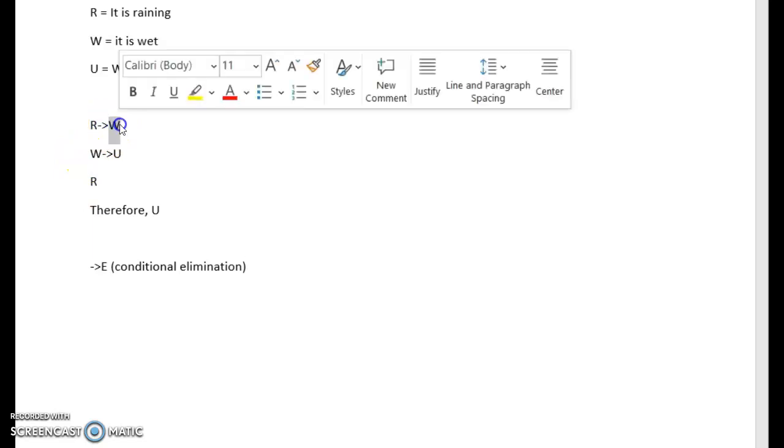So this rule says that if you have a conditional statement, say if R then W, then you can eliminate the conditional to just get the antecedent, right? There is also a conjunction introduction, and there is a conjunction elimination.